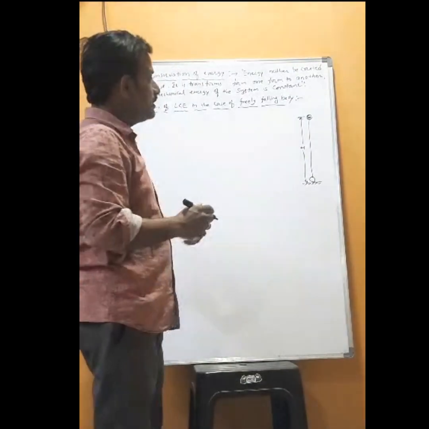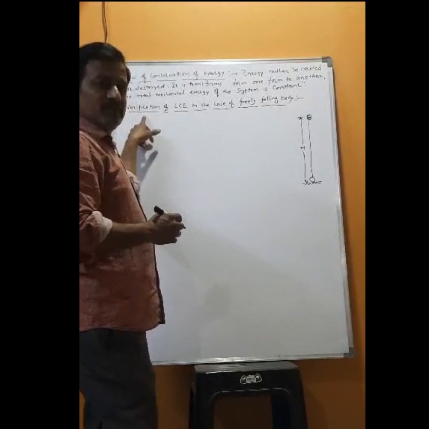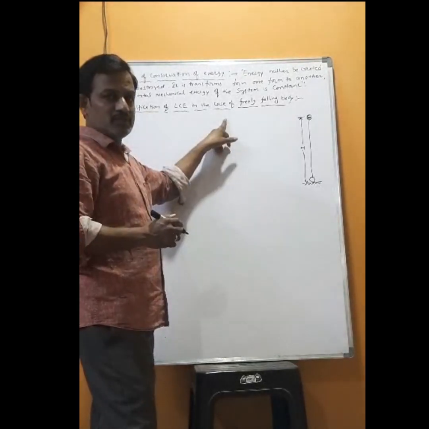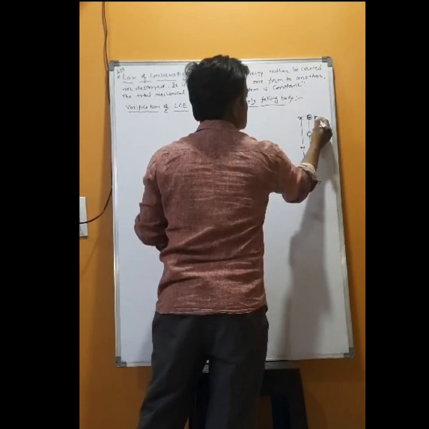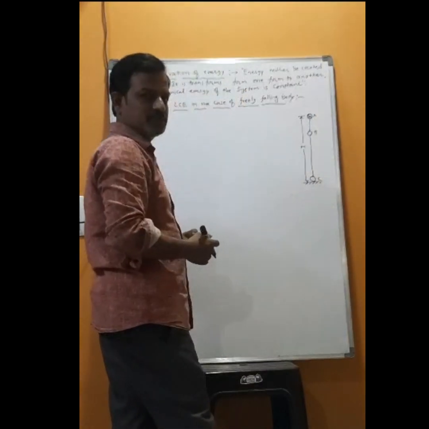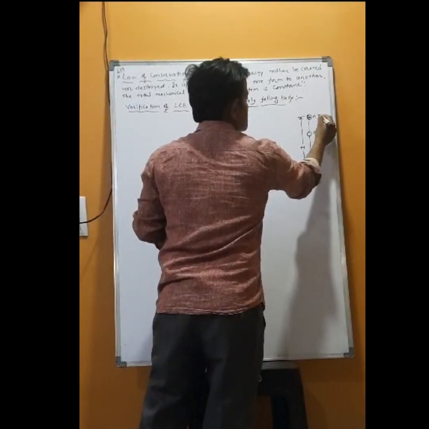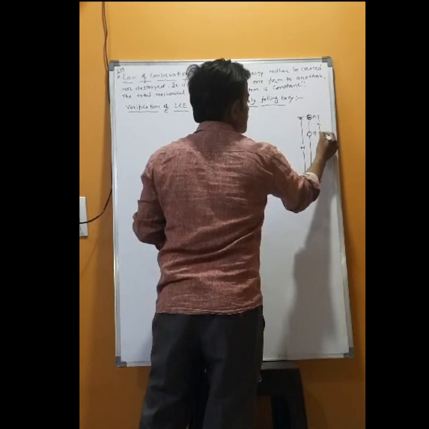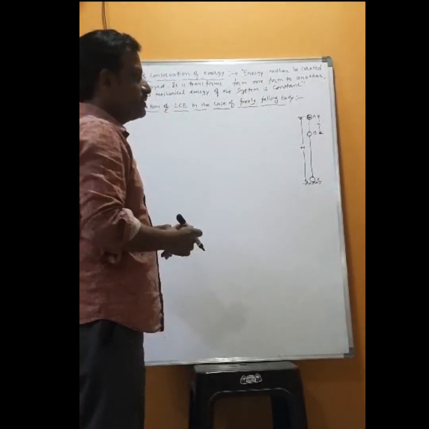If the total energy at every point is constant, then indirectly we are verifying the law of conservation of energy. This is position A, this is position B, and this is position C. It travels some distance small h at this point.